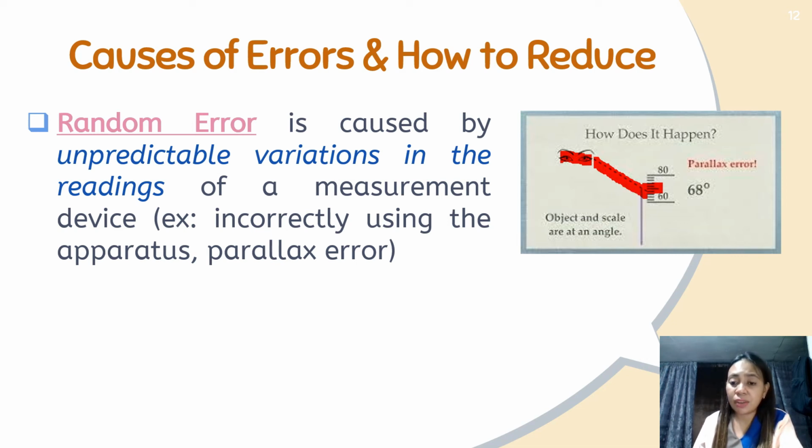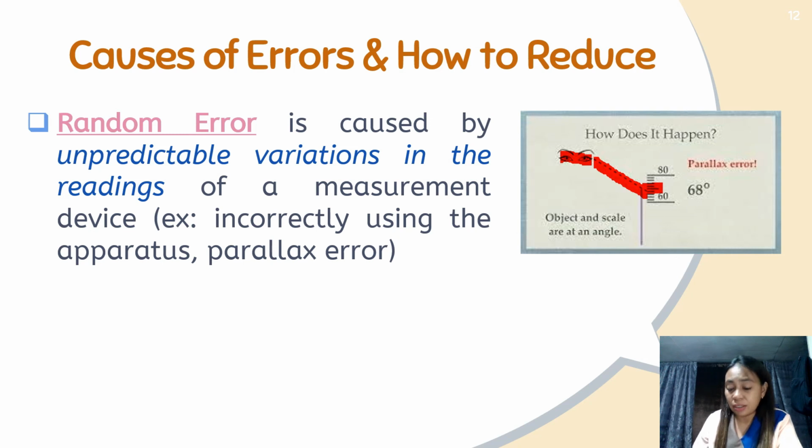Maybe the exact reading is 70, but you're looking from the top, so because there could be some refraction happening there, you don't read it exactly. If that's a graduated cylinder or a beaker, the reading must be at eye level. So we really have to look at it at eye level. If we look at it from the top, then we see a different reading. That is an example of parallax error.